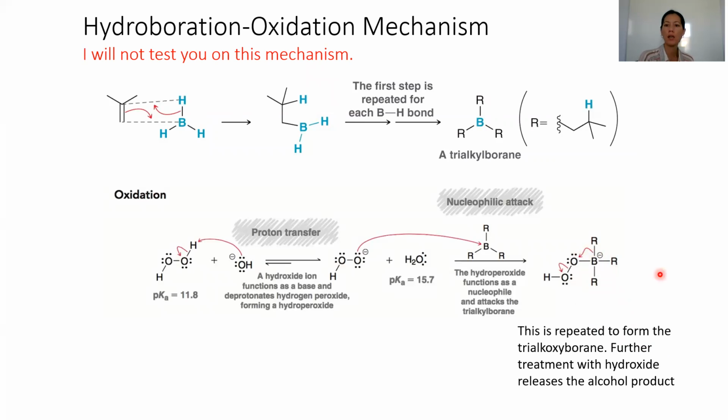I don't want us to get too lost in the details of this mechanism, so if you're that interested, you can definitely look in your book for further info, or I can give you more information on this, but I'm not going to test you on the specific mechanism. But you do want to know that it's syn because of this 4-member transition state, and also it's anti-Markovnikov because of that as well.